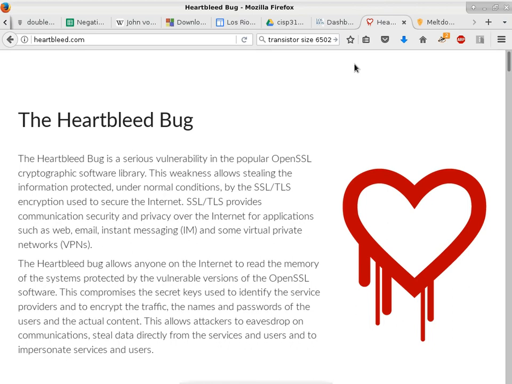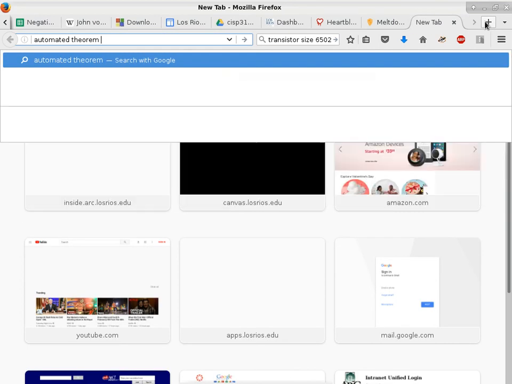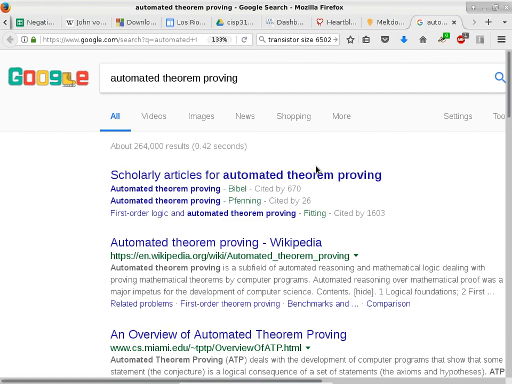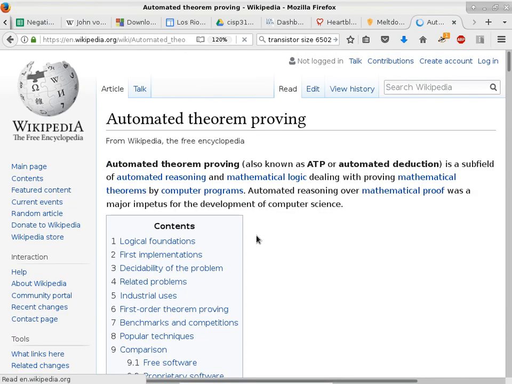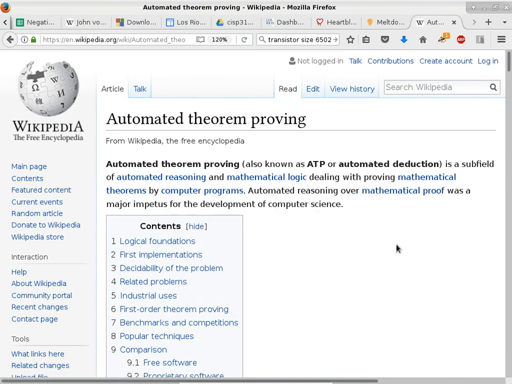So let's look that up too. Automated theorem proving. We have some of these already. If you look up automated theorem proving, it summarizes: this is a subfield of automated reasoning and mathematical logic dealing with proving mathematical theorems by computer programs.